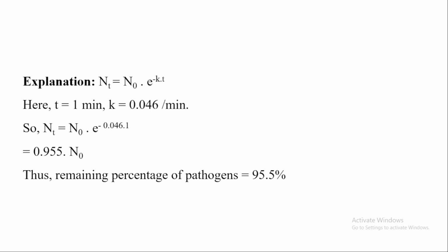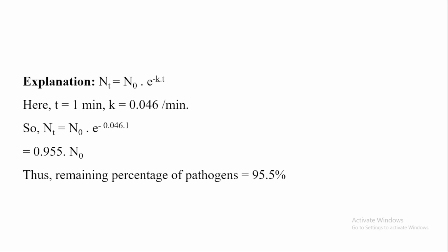Okay, that means if you see the percentage, Nt is nothing but the final concentration, N0 is nothing but the initial concentration. So that means Nt is 0.955 times N0. So 0.955 times means if you convert it into percentage, you have to multiply it by 100. So 0.955 into 100 will be 95.5%.